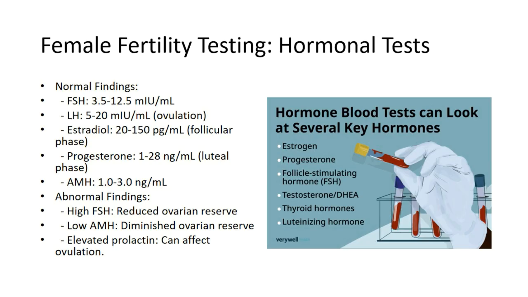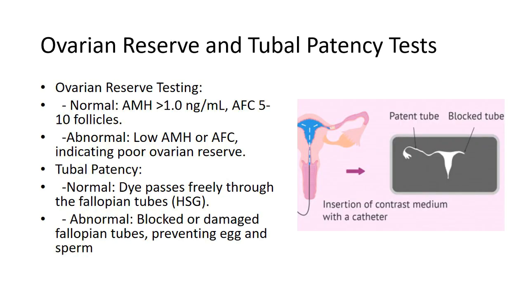Elevated prolactin: high levels can inhibit ovulation and menstrual cycles, potentially leading to infertility. Abnormal progesterone levels: low levels during the luteal phase can indicate luteal phase defects, where the uterine lining does not support embryo implantation.